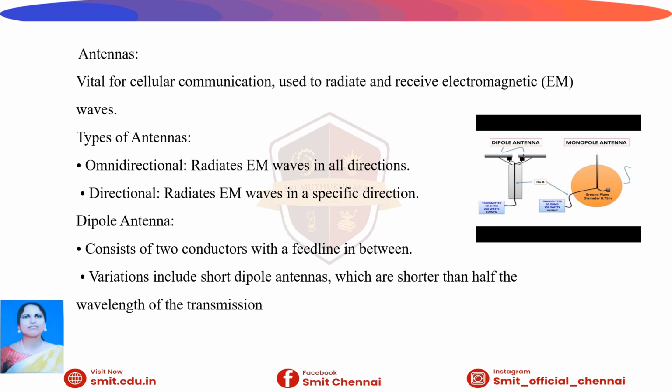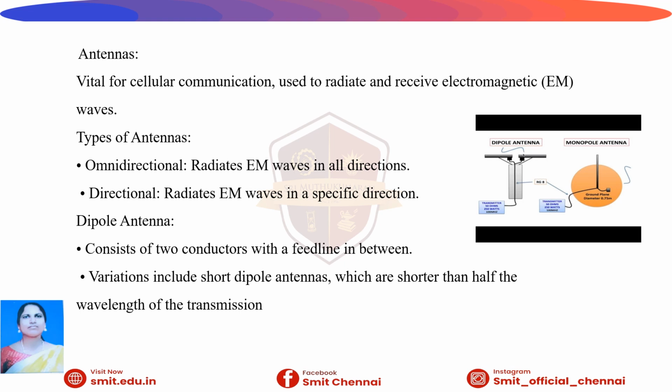Omnidirectional antennas send signals everywhere, so you do not lose connection when turning around, whereas directional antennas focus power towards a single target to send data further away with less interference.